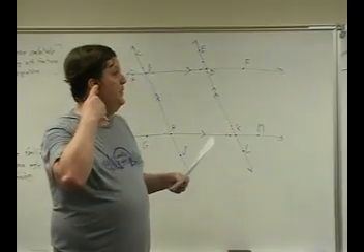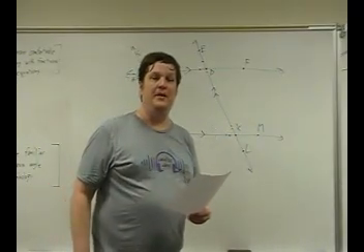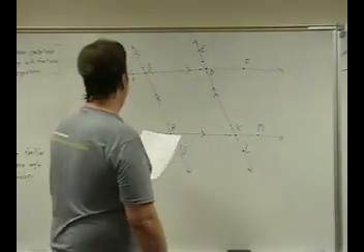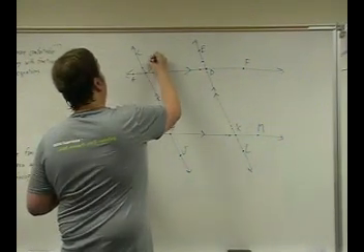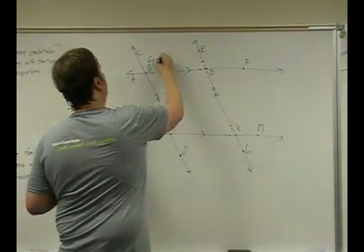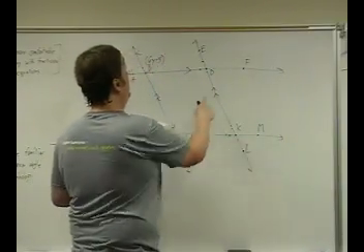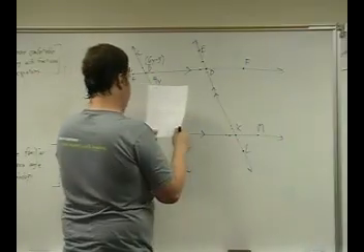All right, now with this one, we actually get to do some numbers. We actually get to do some figuring. So angle CBD is equal to 6y minus 5. Angle DBH is equal to 4y.